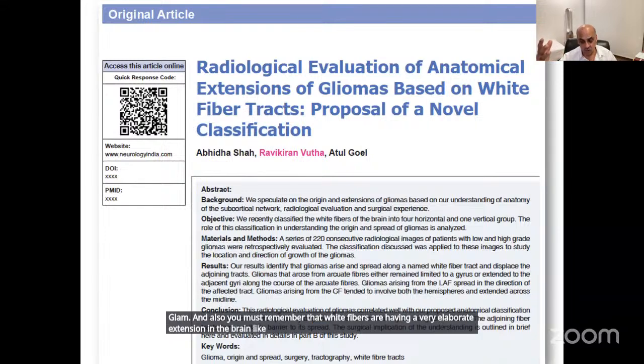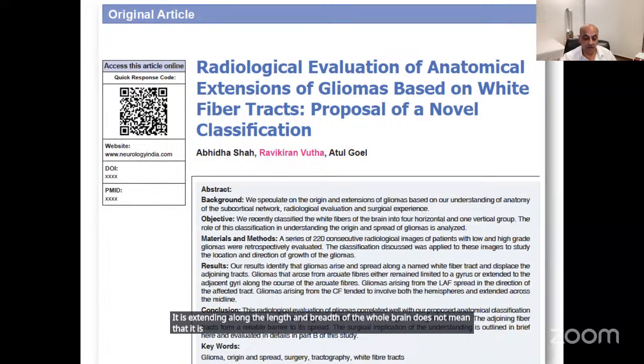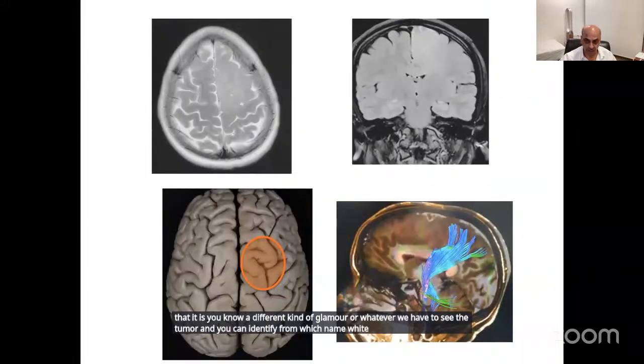I never knew the corpus callosum can extend through the breadth and length of the whole brain. So if you see it extending along the length and breadth of the whole brain, it does not mean that it is a different kind of glioma. We have to see the tumor, and you can identify from which named white fiber tract it is arising.